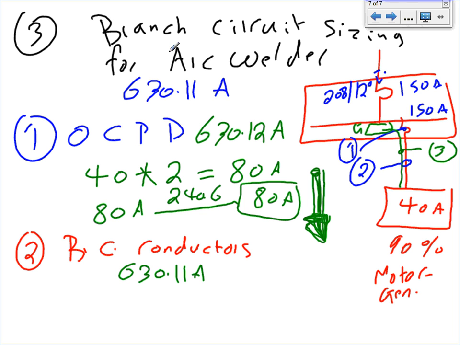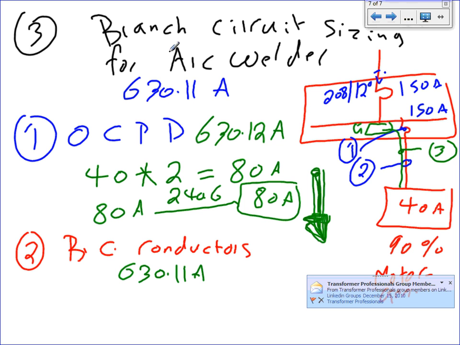For welders, each welder shall have... B is for conductors. Conductors that supply one or more welders shall be protected by an overcurrent protection device. This is the overcurrent protection device for conductors that are feeding welders.